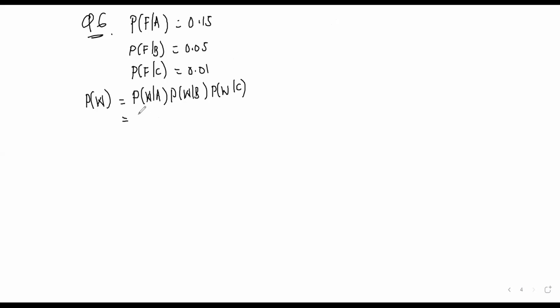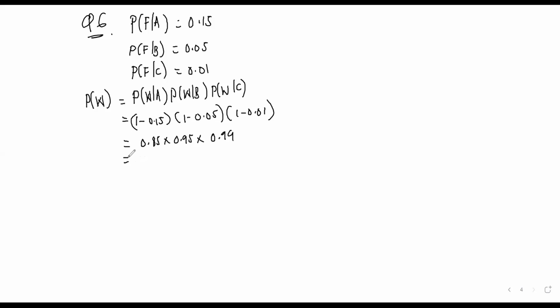So I'll say, okay, the probability of it working due to A is 1 minus 0.15. The probability of it working due to B is 1 minus 0.05. And then 1 minus 0.01. Like that. So here I'll get 0.85 multiplied by the other one, 0.95, multiplied by the other one, 0.99.